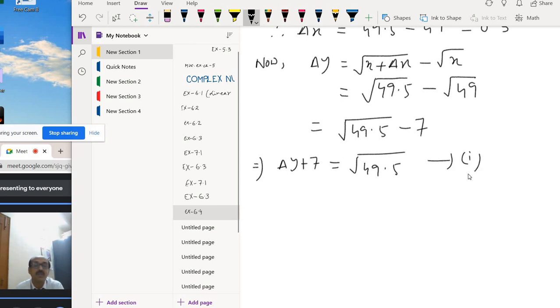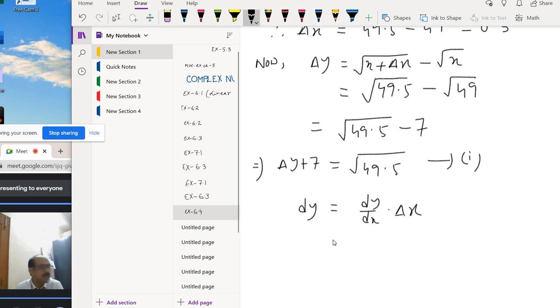Now after that, dy is equal to the differential of y, dy by dx into delta x.